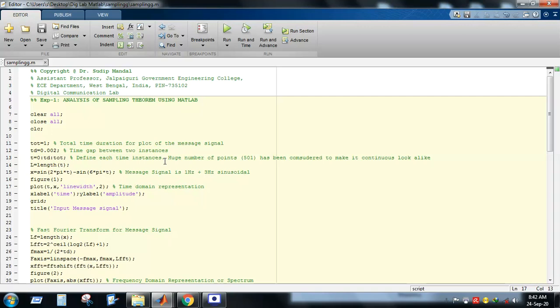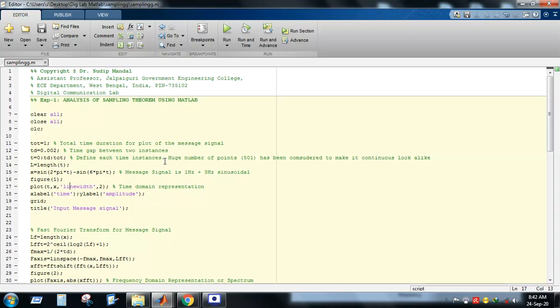In this experiment we'll see the time domain and frequency domain representation of a message signal, and then we'll perform the sampling and check whether the sampling theorem is validated for this particular problem.